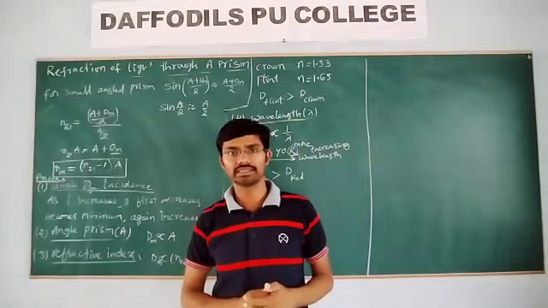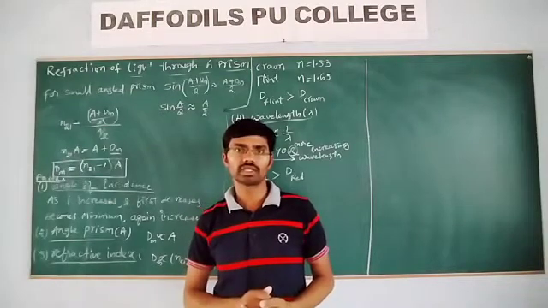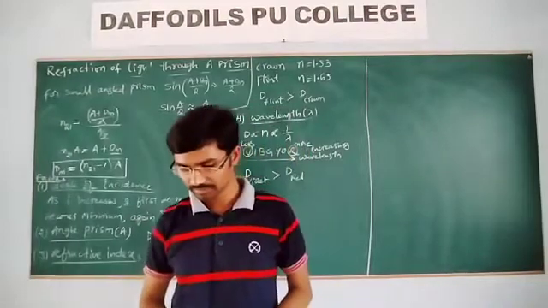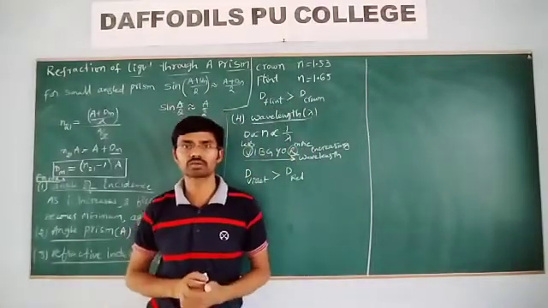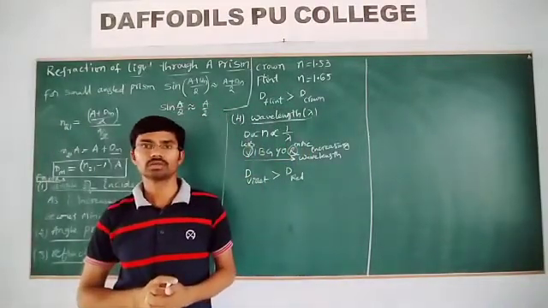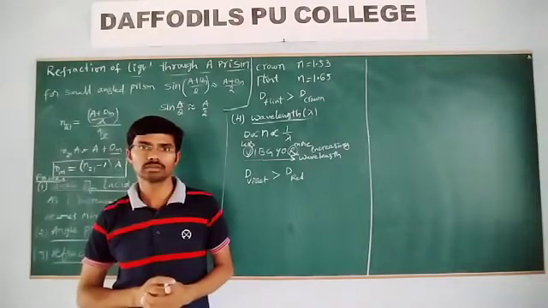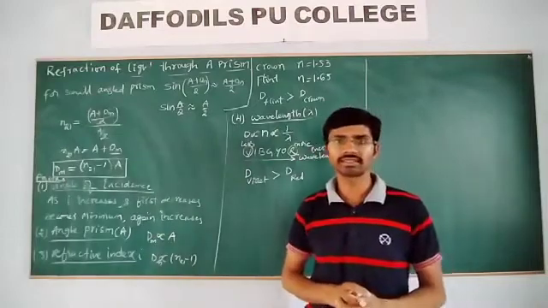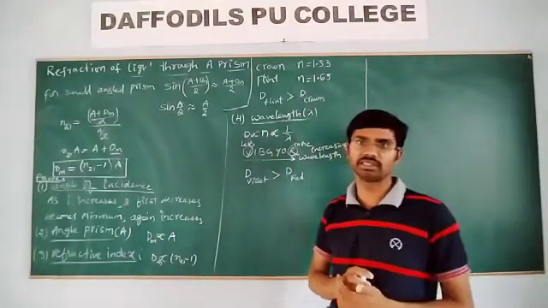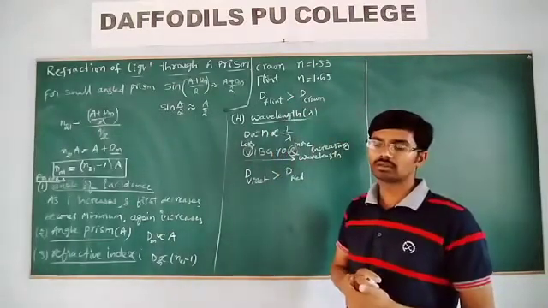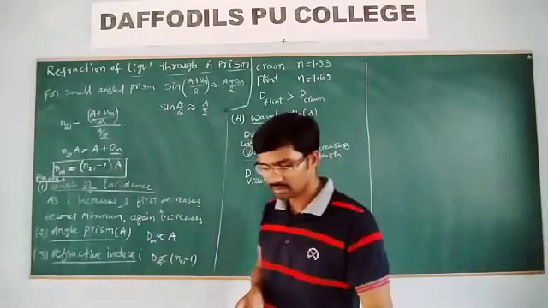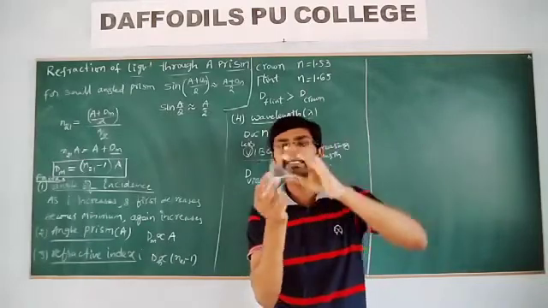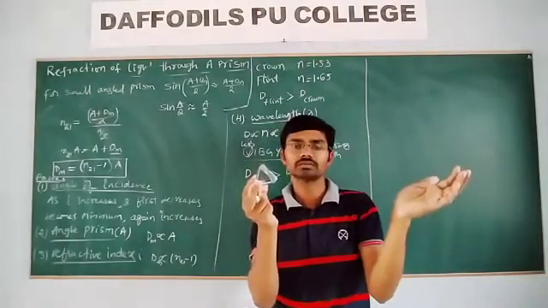So here we have discussed today the refraction of light through the glass prism, how it will be refracted through the glass prism. Then in the next class we will discuss, whenever the light is incident on this prism, for what angle of incidence the light ray does not come outside.